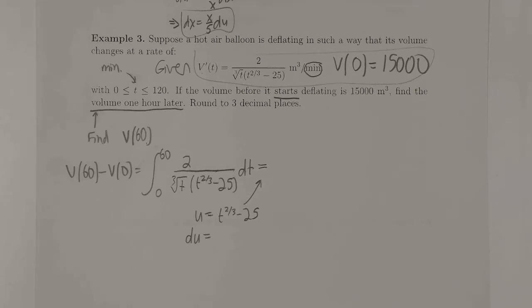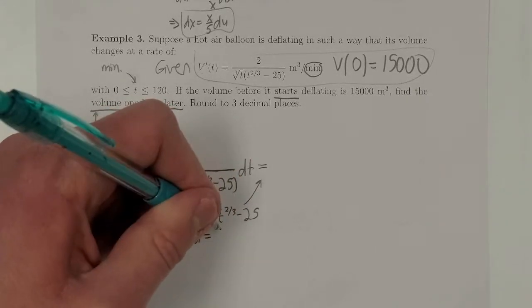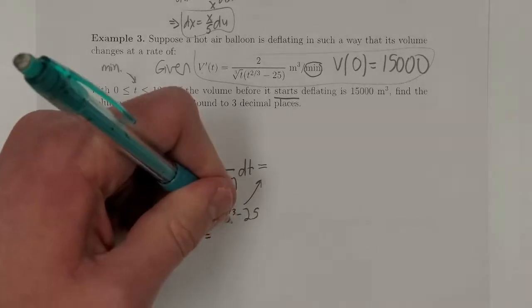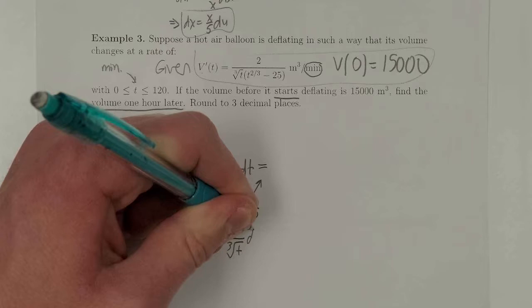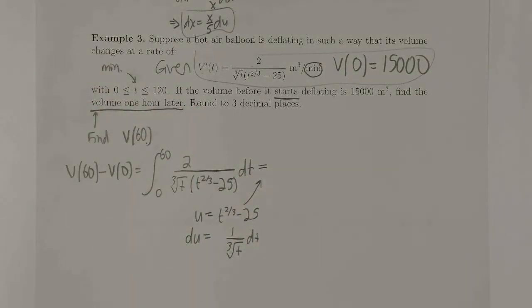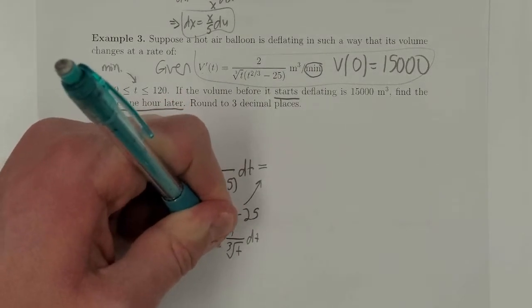Yeah, so you will need 1 over the cube root of t and then dt, but what's the constant that's multiplied by that? What does the derivative power rule say about that? That's 2/3 minus 1 over... Yep, it's 2/3, right?